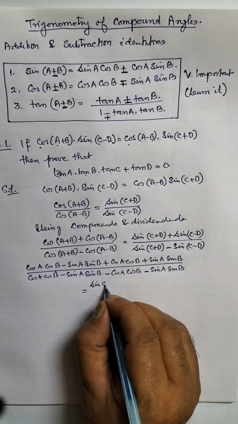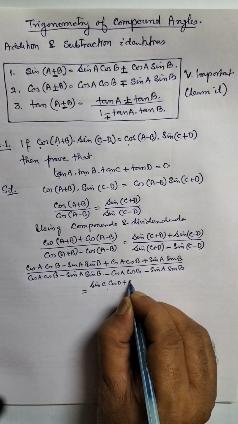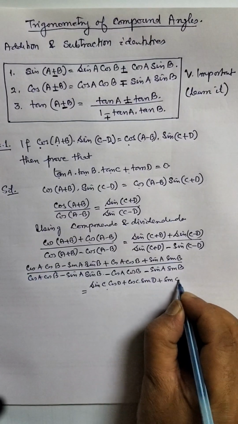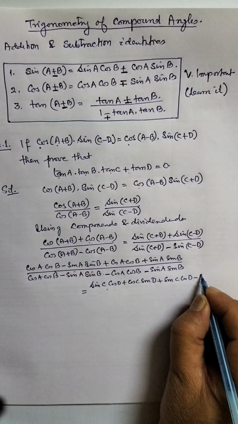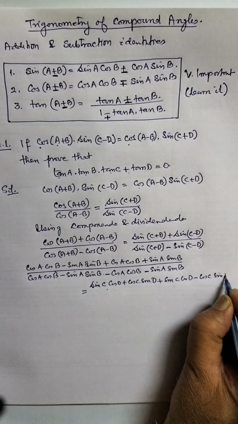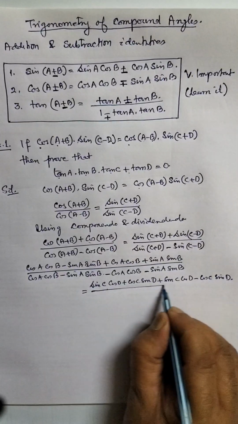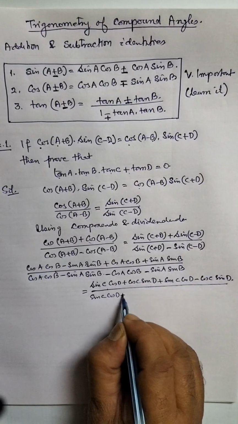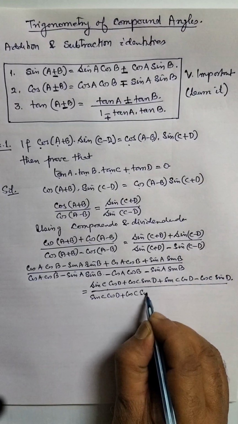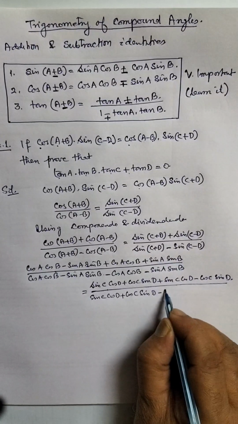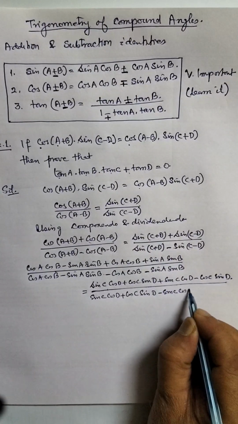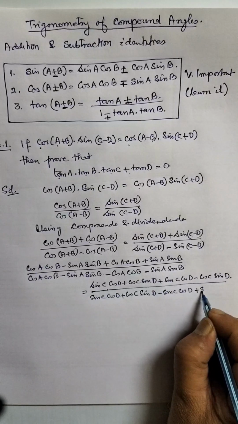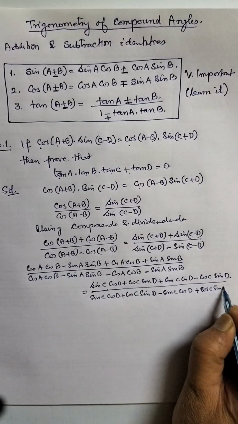This is sin C cos D plus cos C sin D plus sin C cos D minus cos C sin D upon sin C cos D plus cos C sin D minus sin C cos D, and because it is minus here, again I will put plus here, so this is cos C sin D.